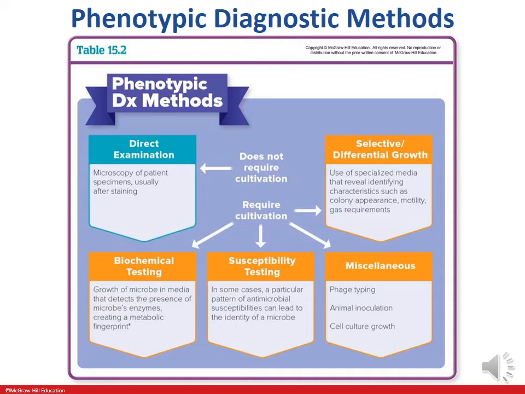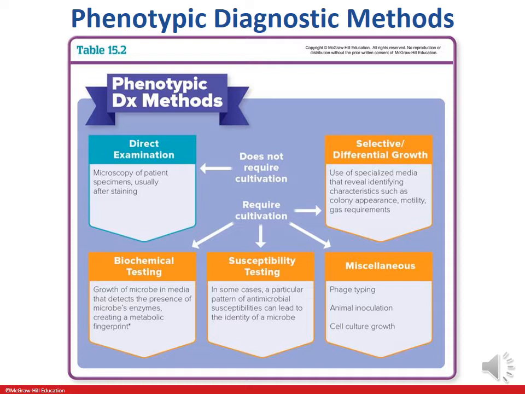So many of the phenotypic methods are actually things we've already covered this semester. So for example, direct examination, putting a Gram-stained slide under the microscope and determining morphology and arrangement. We've grown organisms in the lab using selective media, where you're looking for changes in the colony color or just whether they grew or didn't grow.